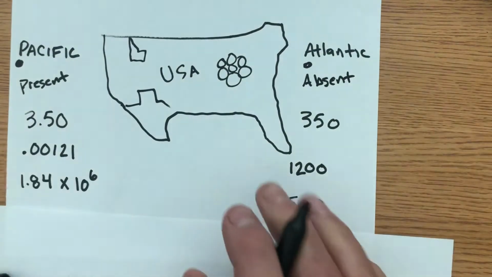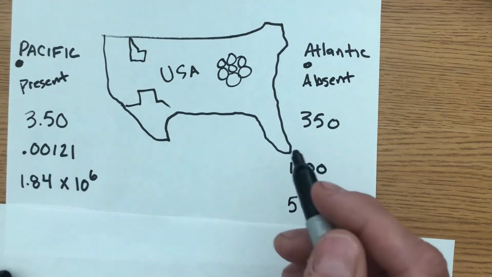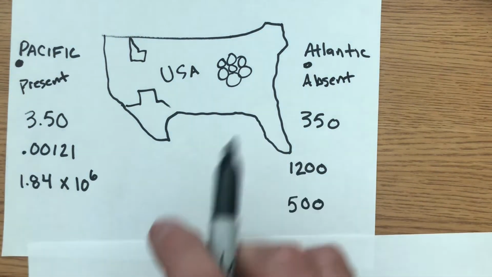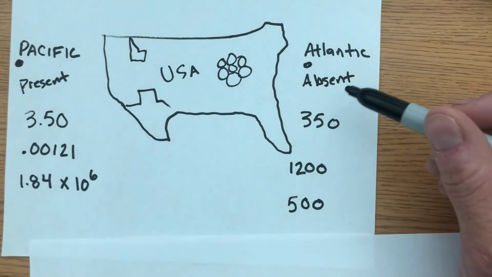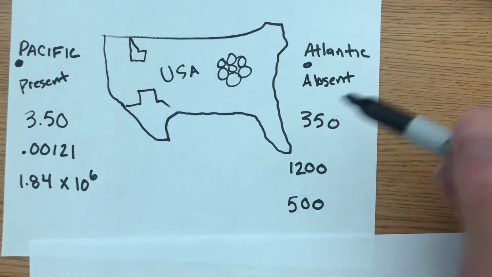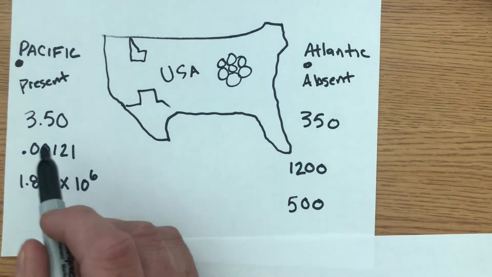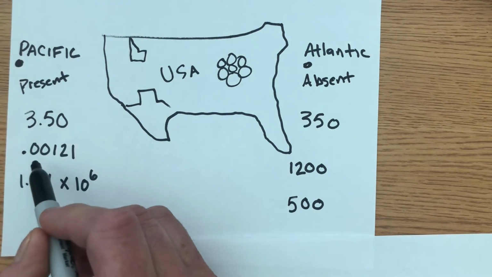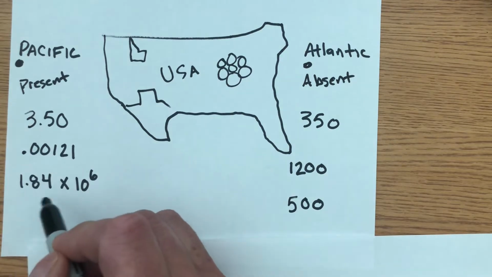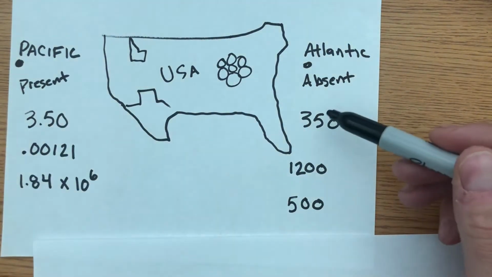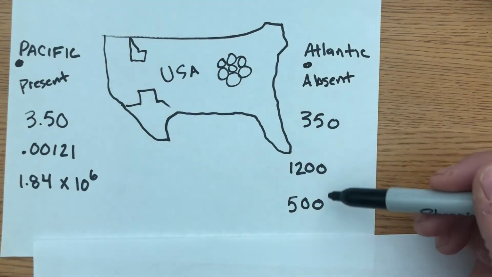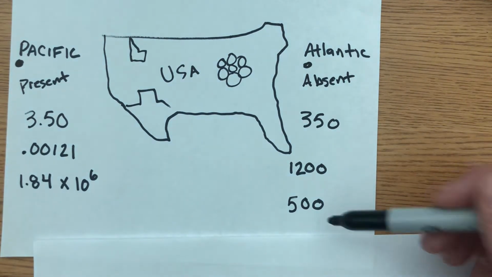What we're talking about with present and absent is numbers that either have a decimal place present or have a decimal place absent. Here are some examples. We have 3.50, 0.00121, 1.84 times 10 to the sixth. Those all have a decimal place, and you can see that these numbers over here do not have a decimal place. Does that make sense?